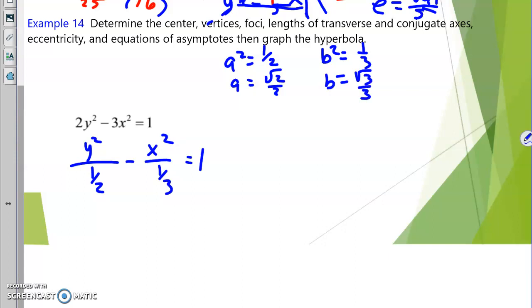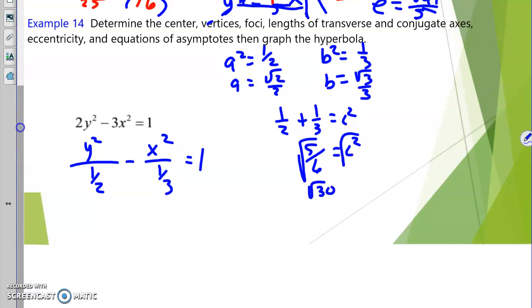Then I can find my c by saying a squared plus b squared equals c squared, so I get 5/6 equals c squared, which gives me the square root of 30 over 6 when I rationalize that.